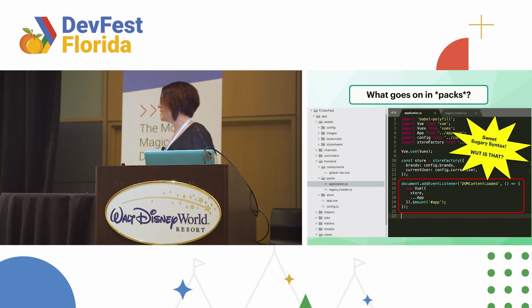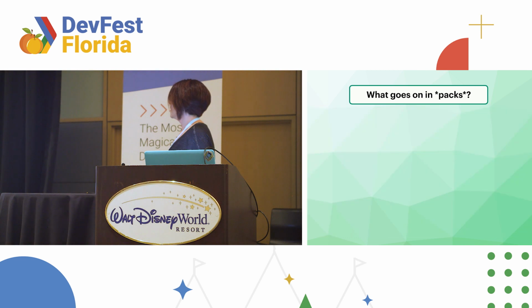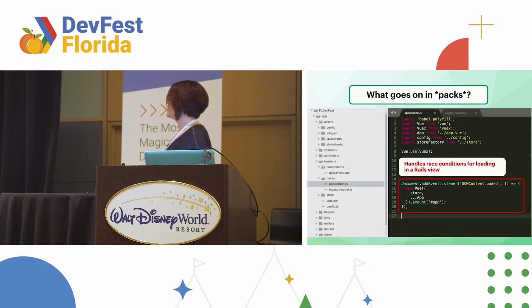Don't we not need that because we're using a JavaScript framework? And the answer is, this handles race conditions for loading in a Rails view. If you were just to build a VueJS application without it being wedged into a Rails app, you would not need this. This is Rails specific or framework specific outside of VueJS itself.